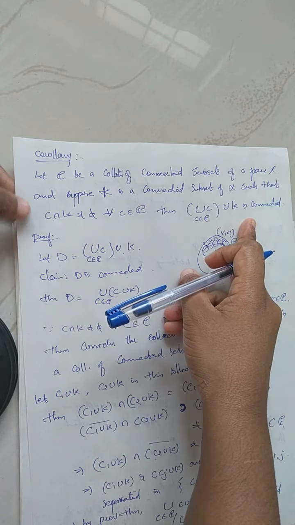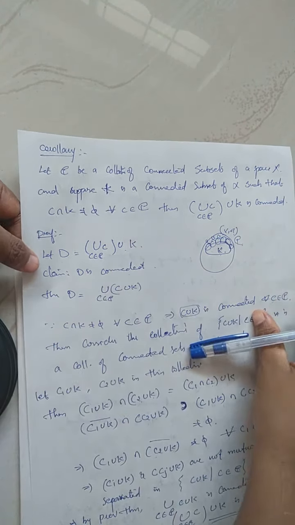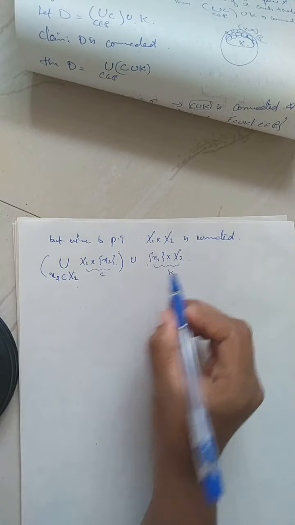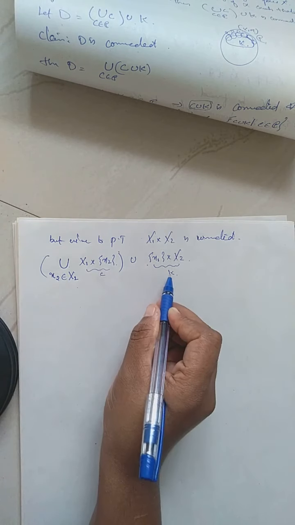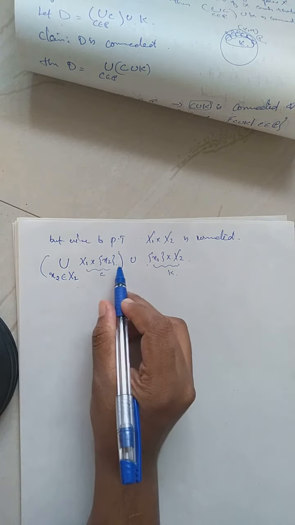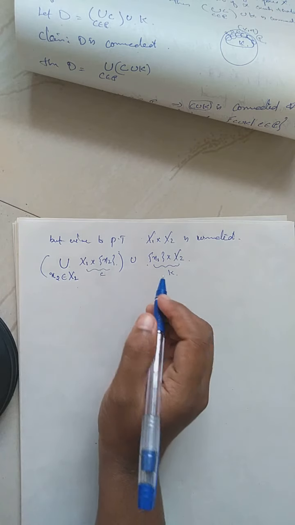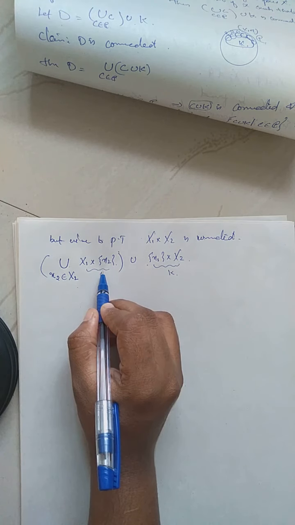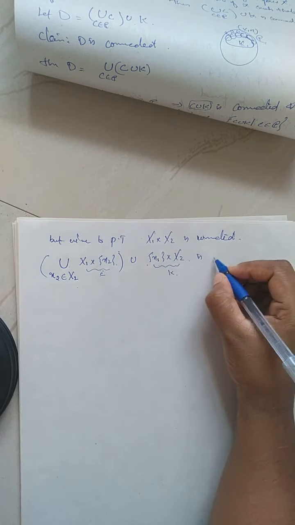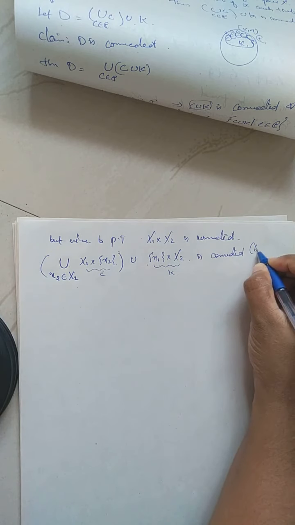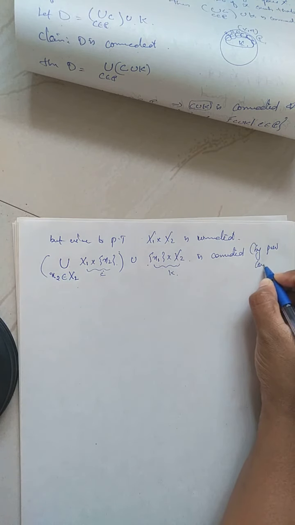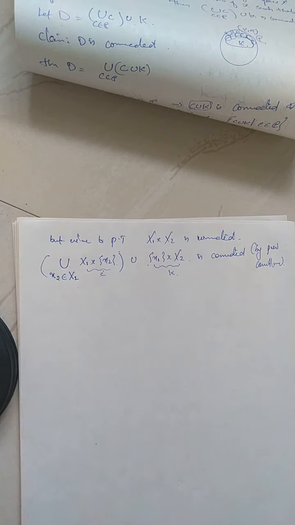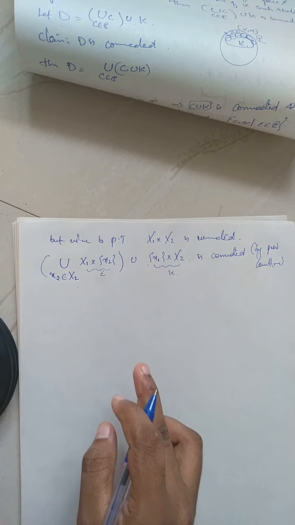So by using this corollary, consider this is our K, these are the C's, and C intersection K will be clearly non-empty because (x1, x2) belongs to their intersection. So this K will intersect with all these C's. Therefore by that corollary their union is connected. We have to mention that corollary in the proof of this proposition.